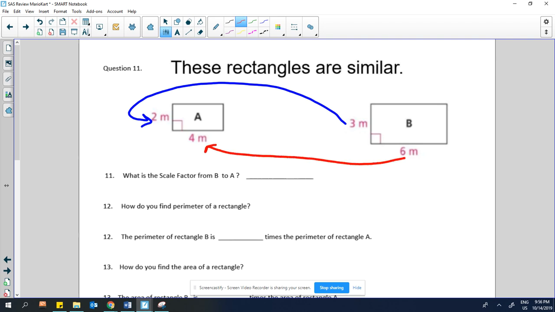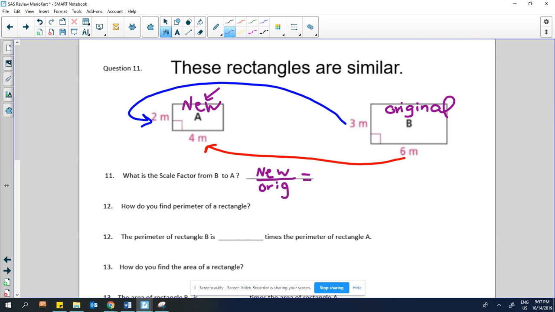You can choose which pair of corresponding sides you would like to use. Okay, so we're going to label with new and original if we're going from B to A. So if we're doing this, the new one, which is the one the arrow points to, is A, and B is the original. All right, so remember, I'm going to have you do new over original.